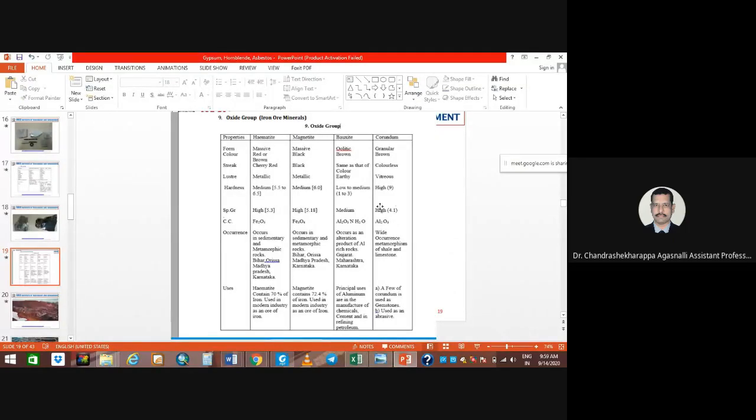Then exploration is done for 5 to 6 years or 8 years with various geological mapping, geophysical survey, geological survey, and then identifying the minerals and chemical analysis, and then the drilling part to know the subsurface geology up to 500 meters or maybe 400 meters.